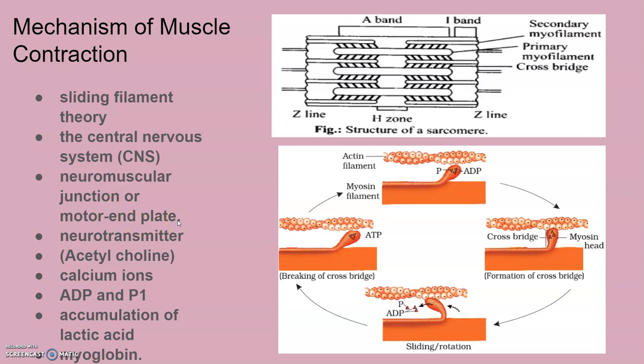The neural signal reaching this junction releases a neurotransmitter called acetylcholine. It generates an action potential in the sarcolemma. This is the structure of a sarcomere, and in the sarcolemma the action potential is triggered by this acetylcholine.